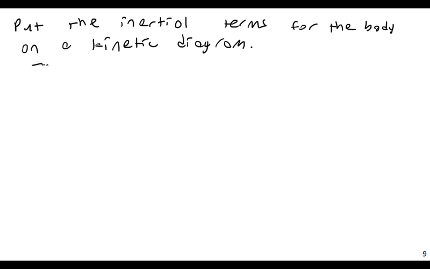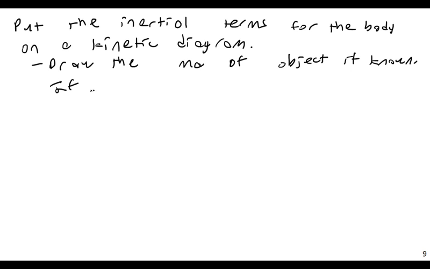We're going to draw mass times acceleration for the particle in both x and y direction, or draw the ma of the particle, if known, or of the object if known. If not known, keep it general, and just write out some unknown ax and ay.